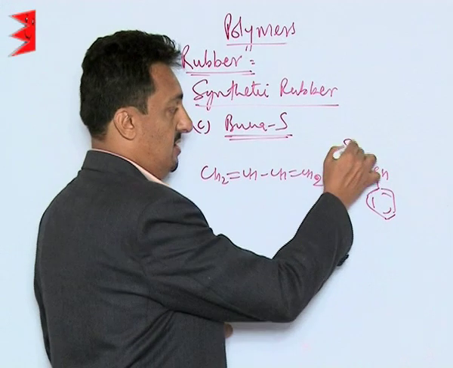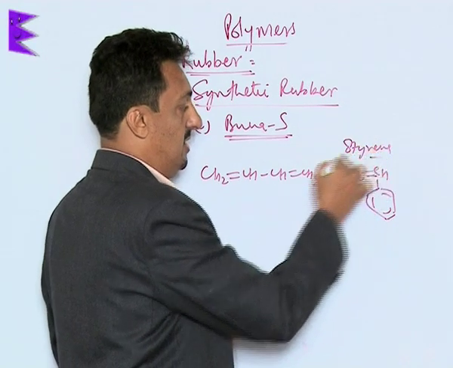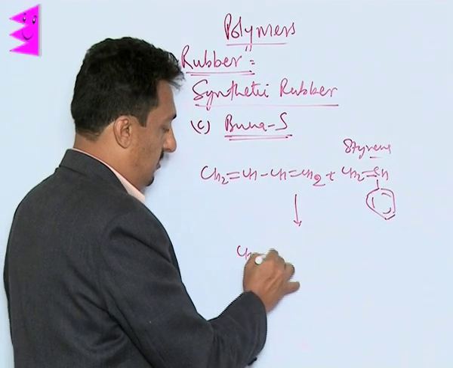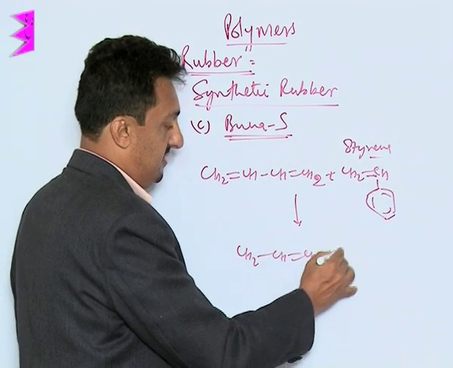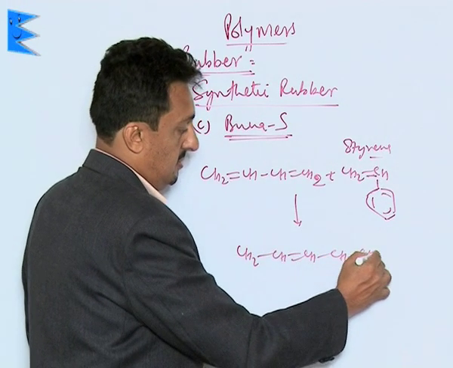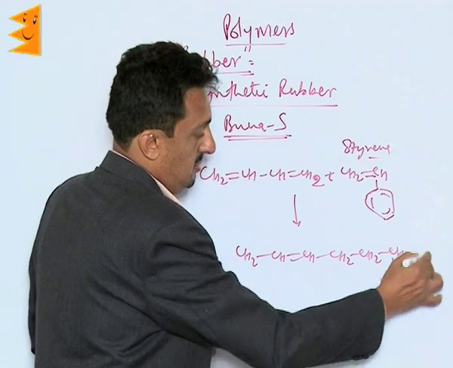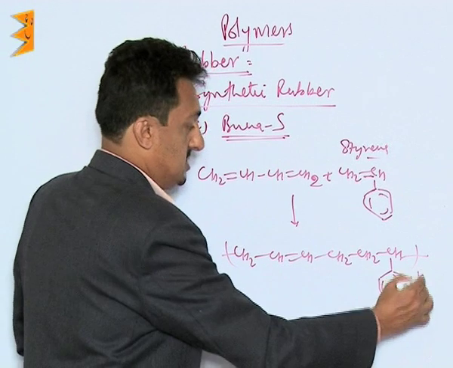So, this is the styrene molecule. This is butadiene. Now, when these two combine, the polymer formed is this. So, this is called Buna-S.